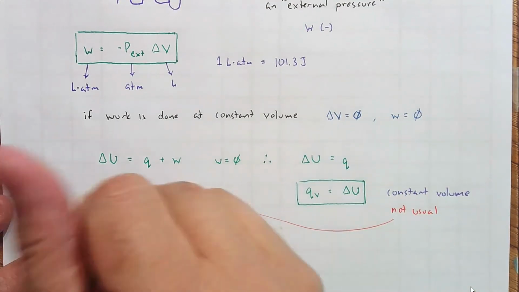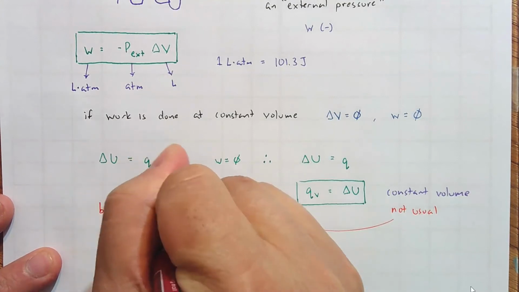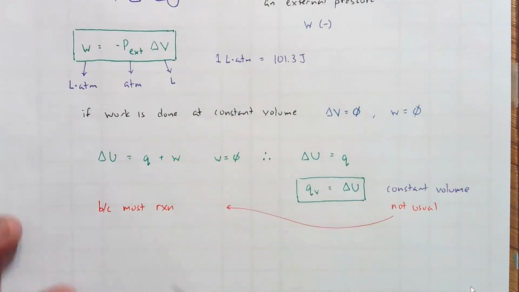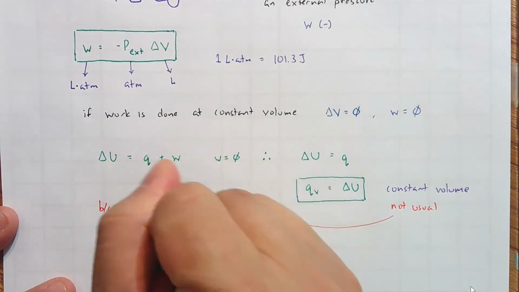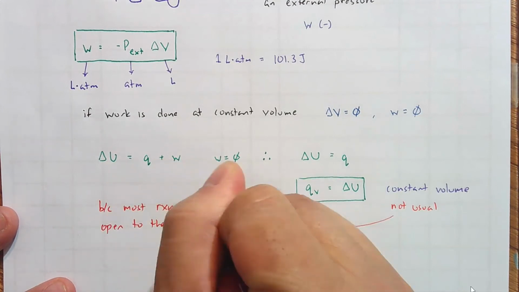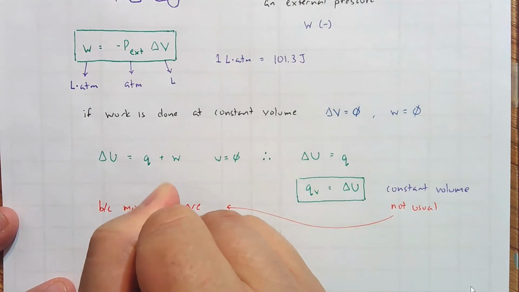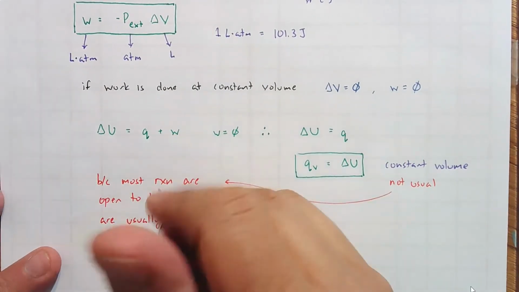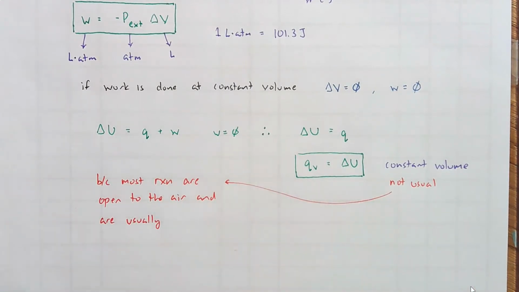Because most reactions, abbreviation for reactions, I'm going to use RxN, are open to the air, and are usually constant pressure, atmospheric pressure to be specific, and we're not really constraining the reaction to a volume.